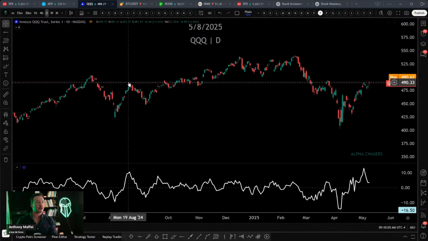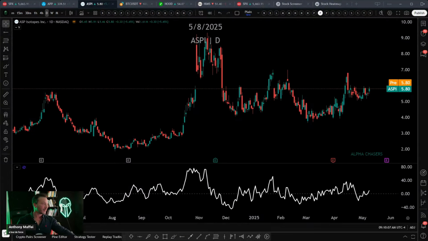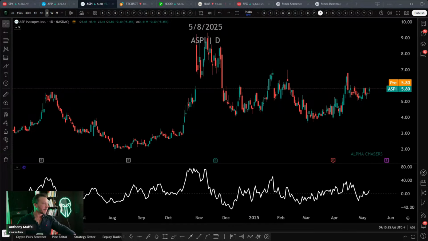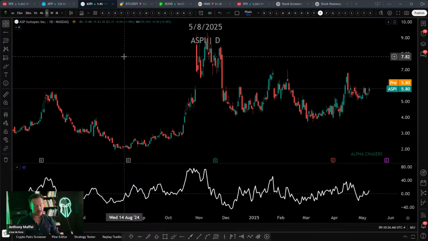This does nuclear and space. Yeah, GEV is going to be a monster. SMR, I like. I have some of those names that I watch. I have to pick my battles.